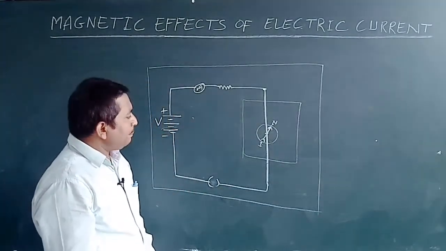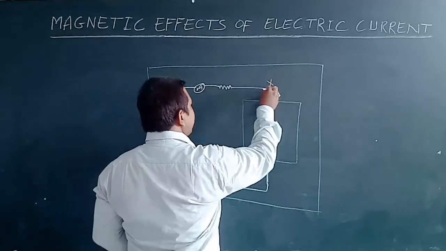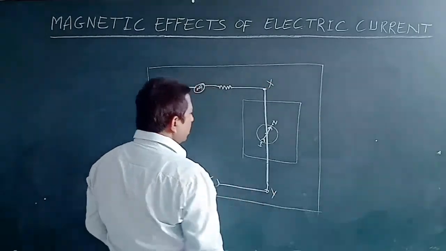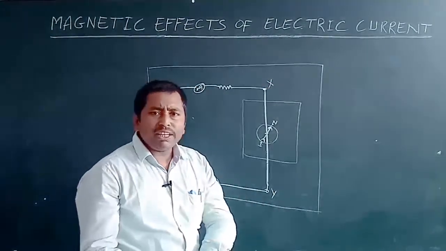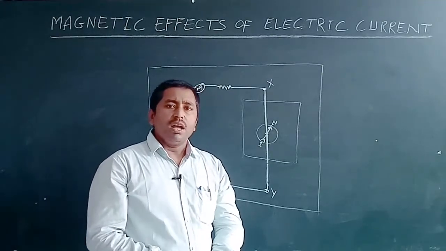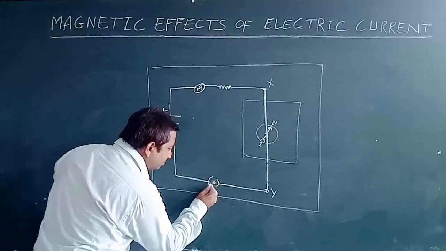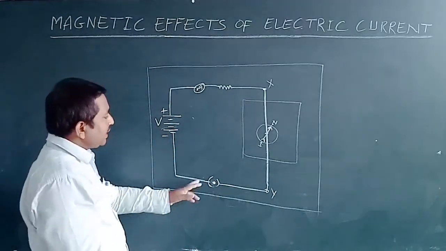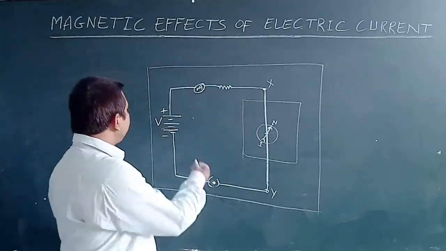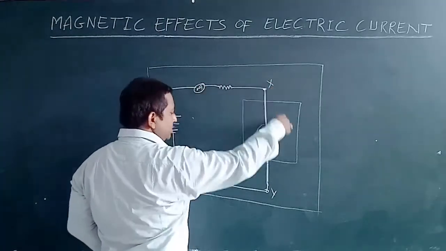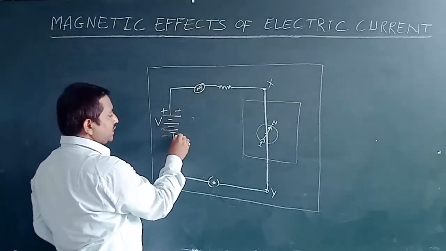Now what will happen if this conductor is assumed as XY? Then what will we observe? We will observe when the plug key is in on condition. As we switch on the plug key, there is a current flowing through the conductor from x to y direction, because there is a plus and there is a minus.